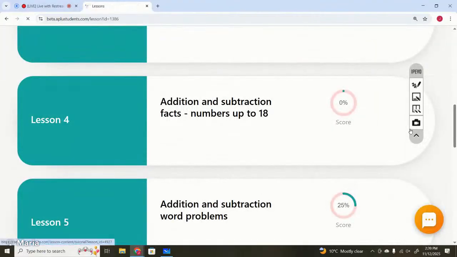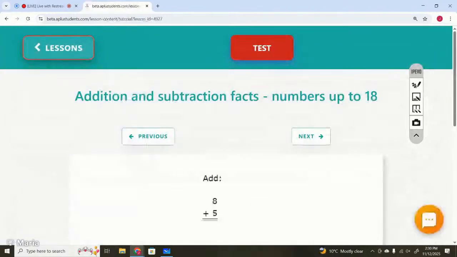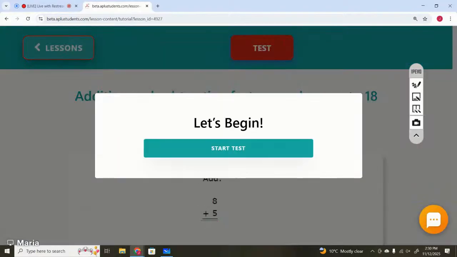Facts numbers up to 18. Let's just start with the test questions.